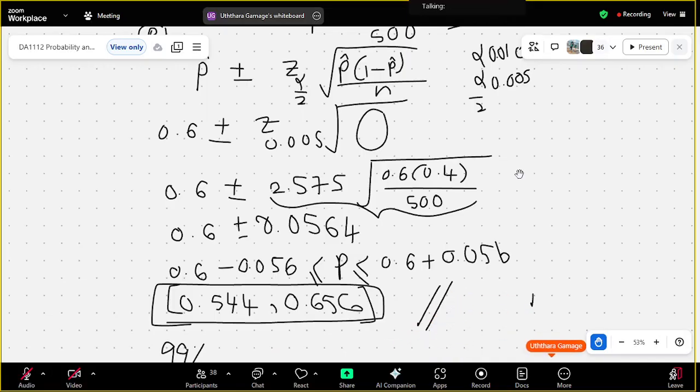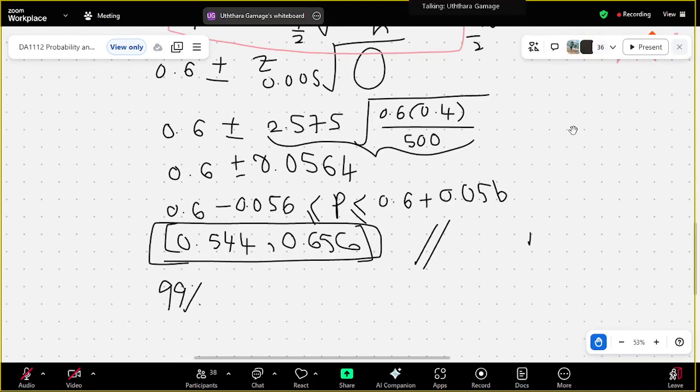This is the formula for proportion, right? So we have 3 formulas altogether. For the population mean, you have 2 formulas: one is sigma known, one is sigma unknown. And then for population proportion, you have another formula. So together 3 formulas.